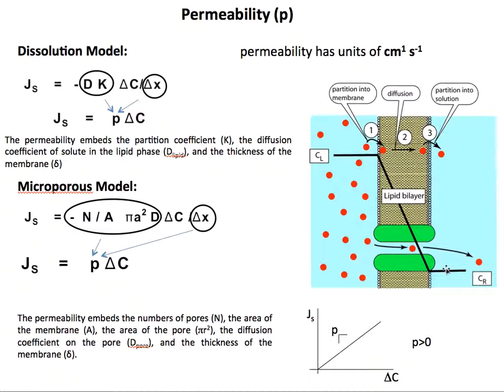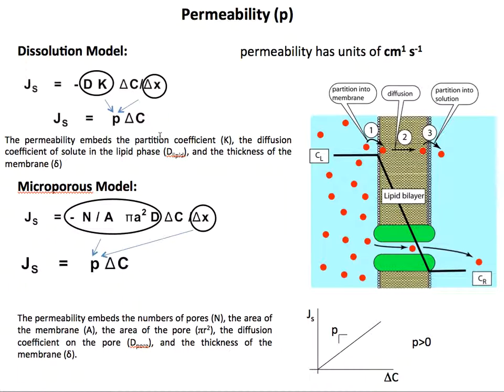If you look at this graph, your independent variable is delta C and your dependent variable is JS. And JS equals P times delta C is just like Y equals AX plus B when B is 0. So it's Y equals AX, and A is always the slope.